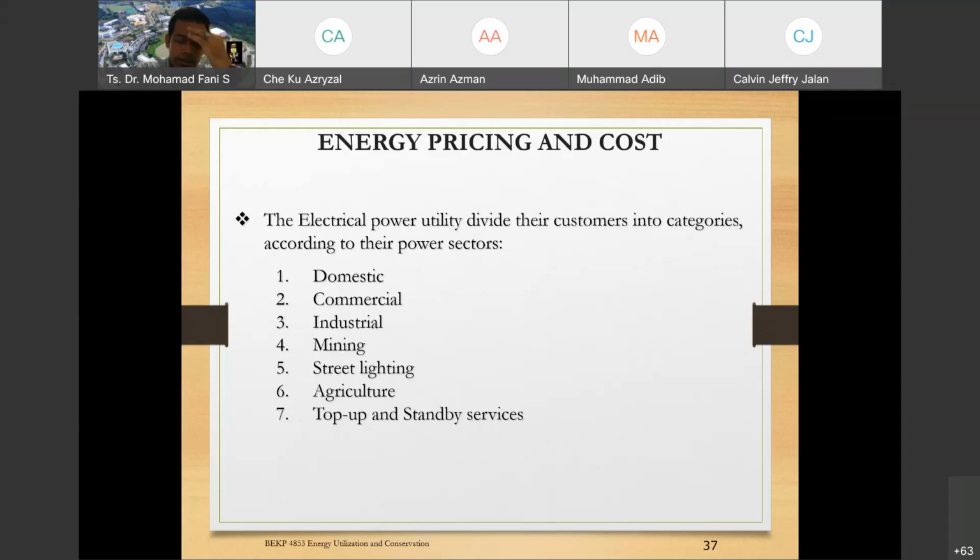This one is like 30% charge, and the other kinds of tariff are special for construction, special for rural areas that need a supply from the utility.